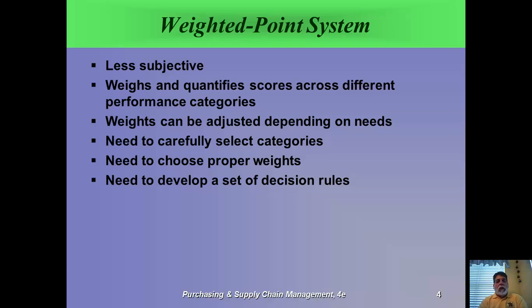Categories may be like quality, delivery, availability of technology, ease of working with people, and so on. Those are different categories. And we go ahead and assign weights. Which are the most important ones? Usually your traditional ones are going to be cost and quality and delivery, but you may have a list within your own organization of maybe 10 or 15.